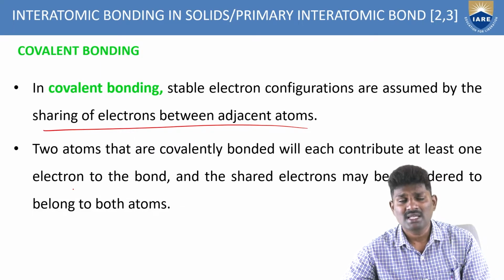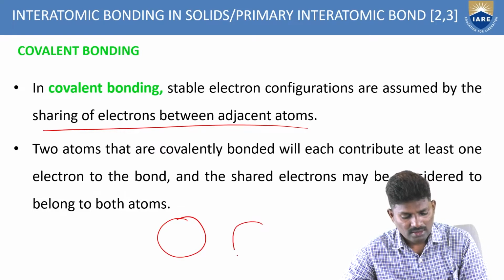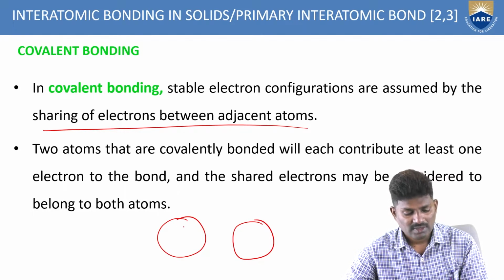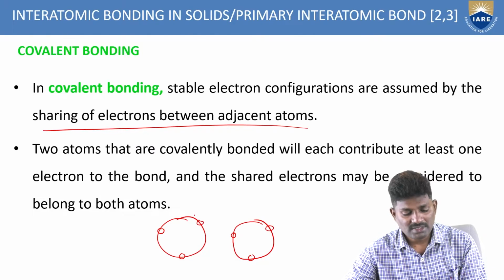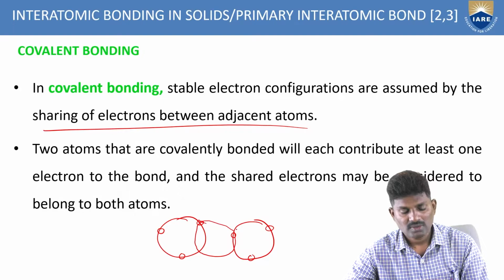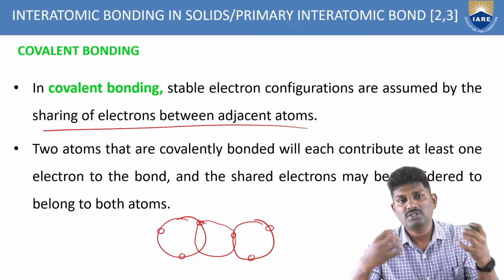So how you are getting this sharing of electrons means, suppose I have two materials which have these valence electrons. When you share, this electron will be shared with this. Sharing means from both the ends it has to share.